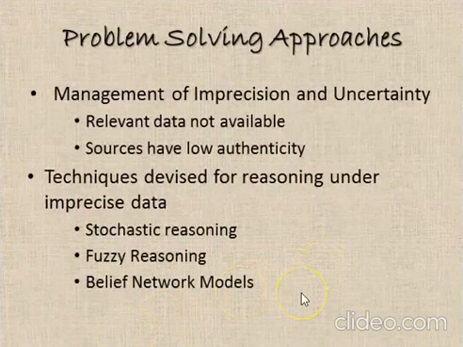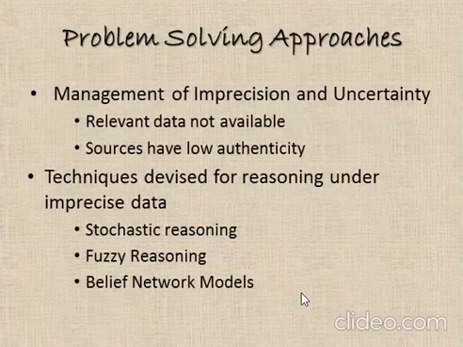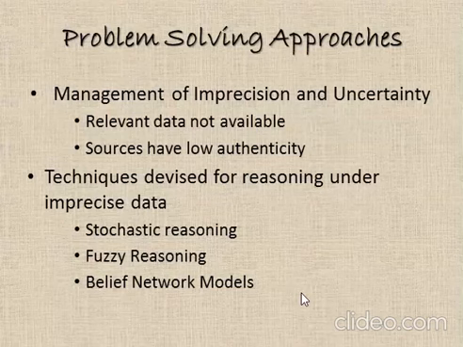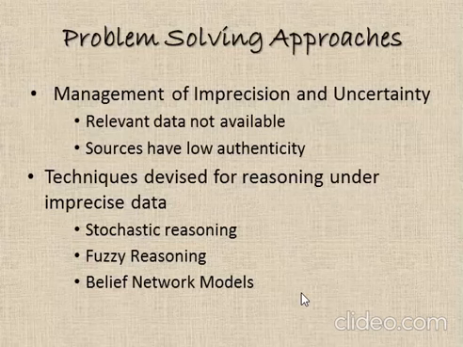Then the next one is management of imprecision and uncertainty. Suppose we have some values and we are not sure whether the values are correct or not. Then we have a doubt in using that data for problem solving. This situation arises in two cases: when relevant data required for the solution of a problem or a state is not available at present, then we have uncertainty.